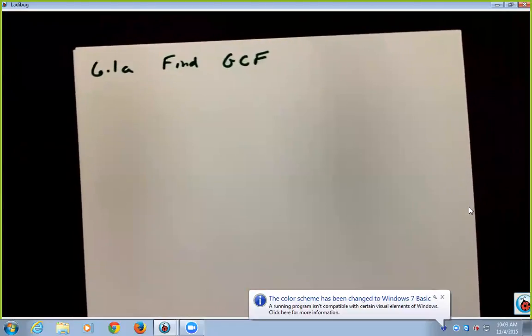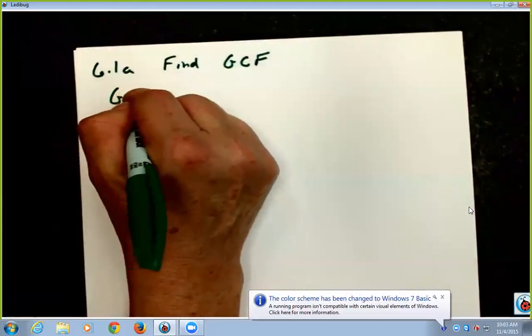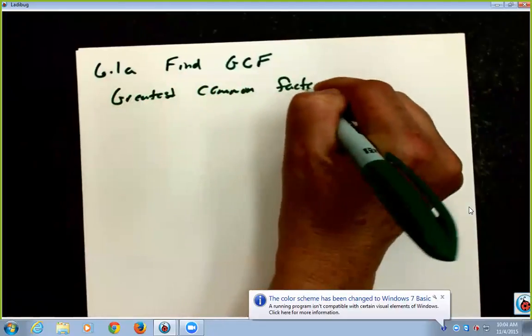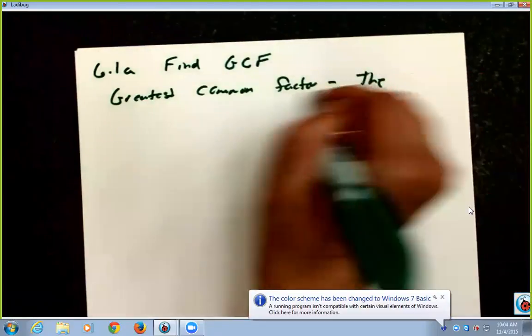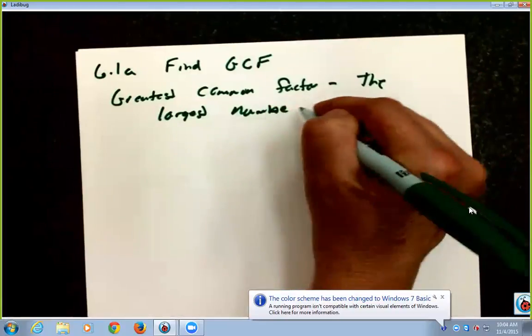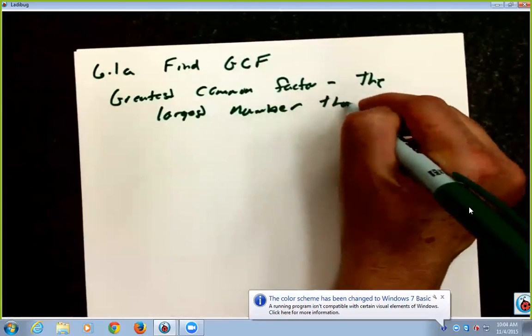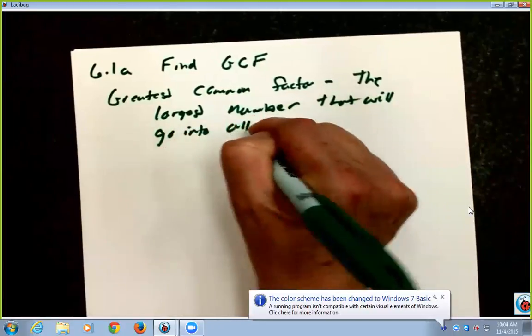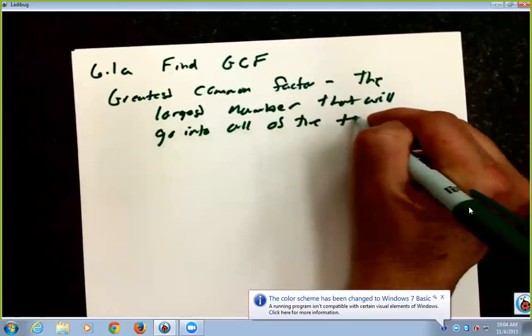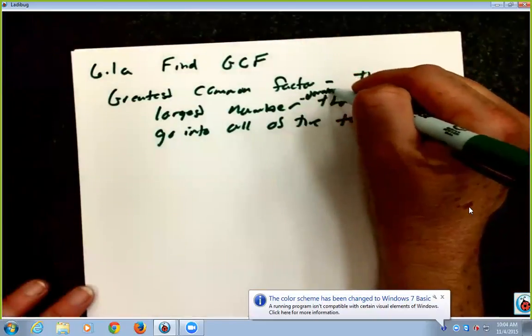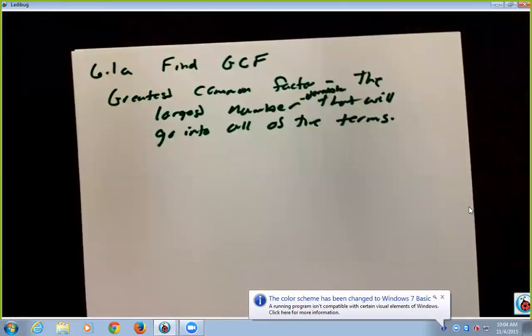What greatest common factor means is the largest number, or we could also put variable in here, that will go into all of the terms.